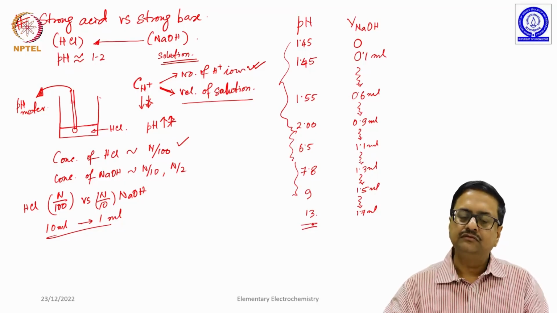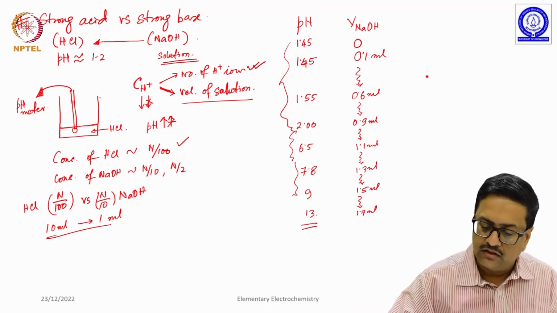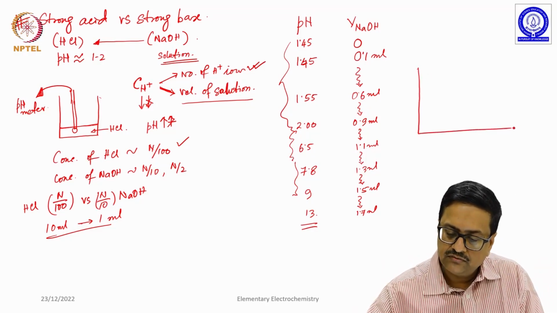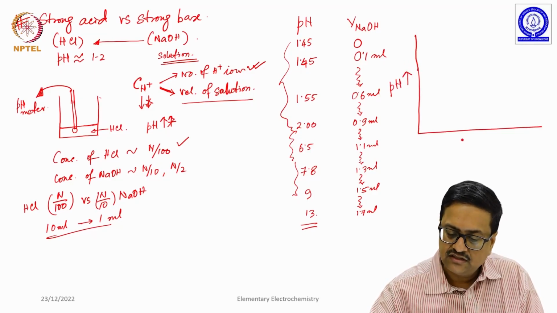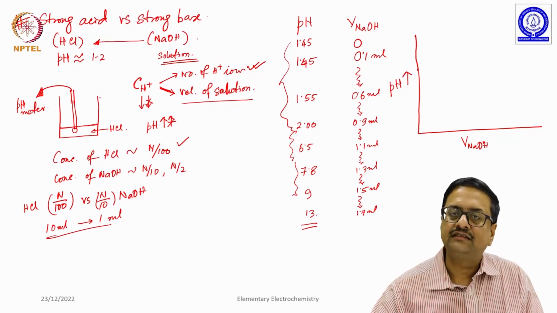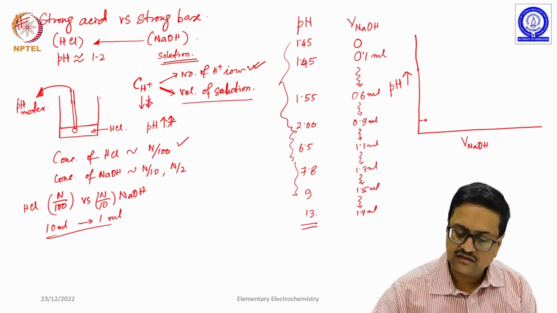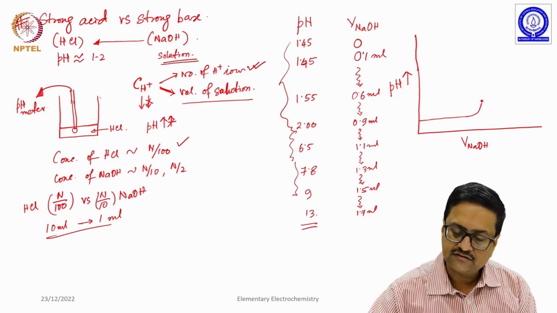So, when you try to plot these readings in a graph paper, if we just plot pH in the y axis and volume of NaOH in the x axis, you will see that the numbers are falling on a straight line in the beginning, and then towards the neutralization it increases.